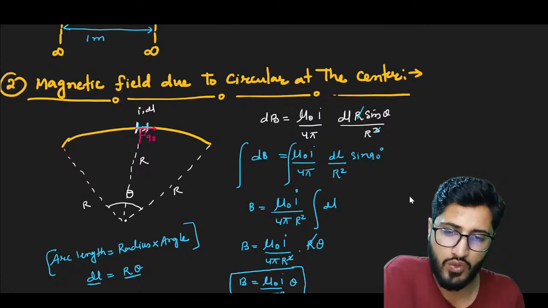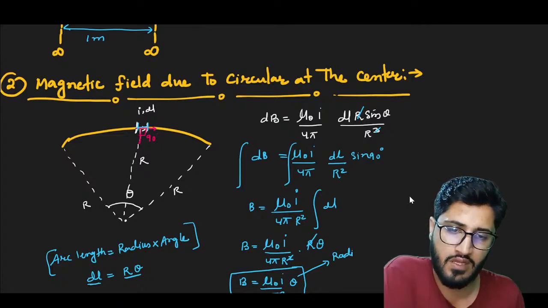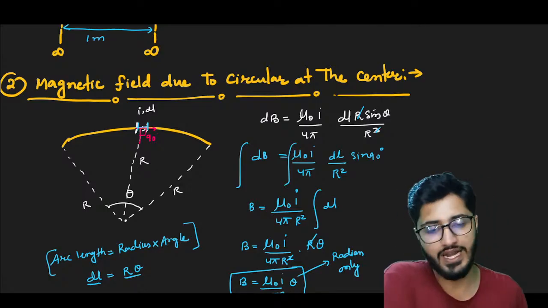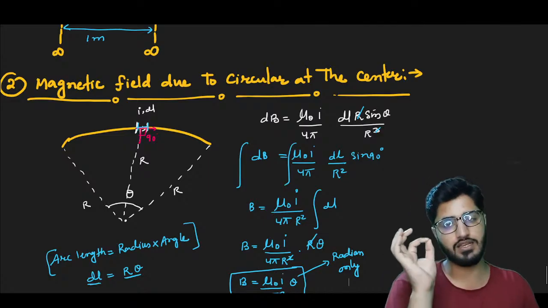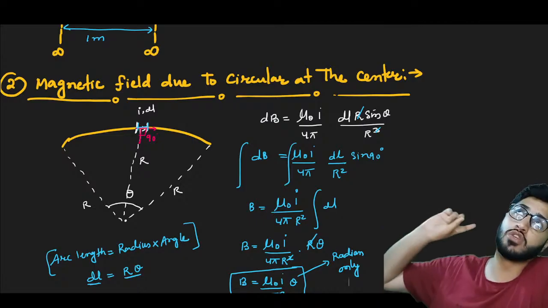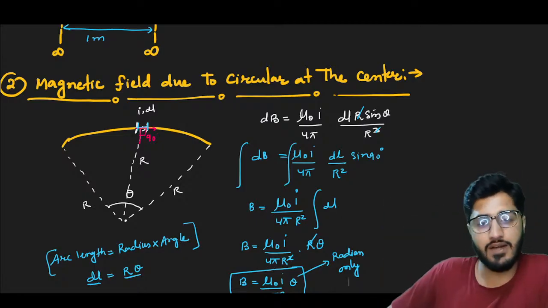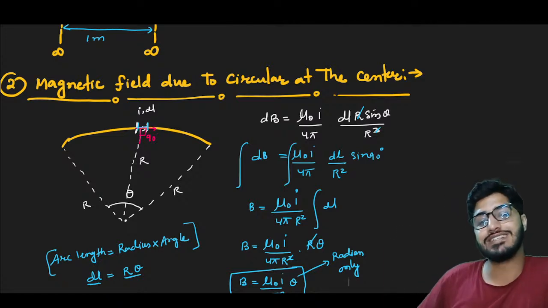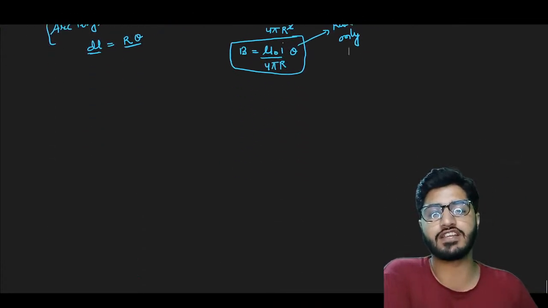One thing you need to remember: theta should be in radian only. So this formula you need to keep in your mind: mu naught I by 4 pi r multiplied by theta. Previously it was mu naught I by 4 pi r, sine theta 1, sine theta 2.